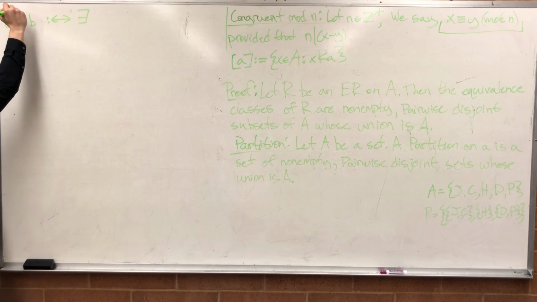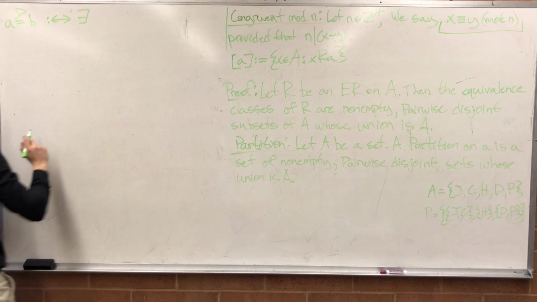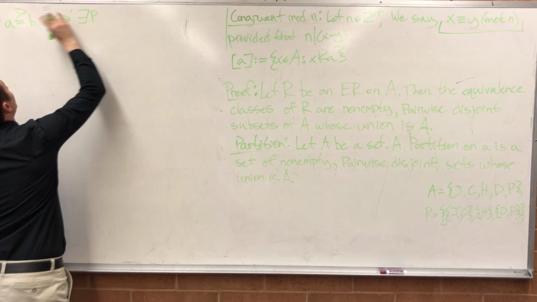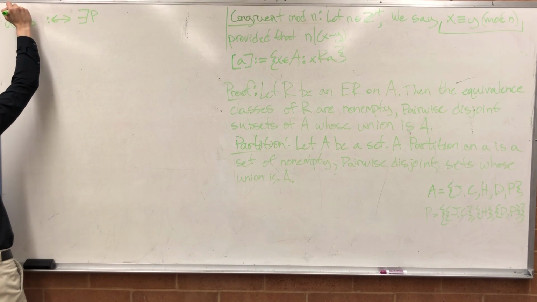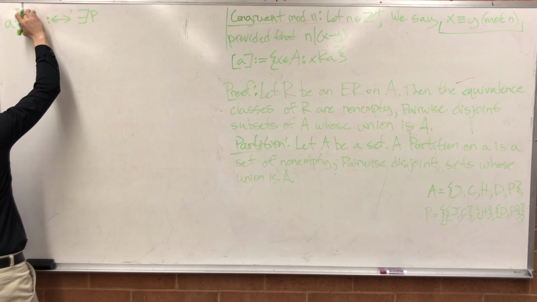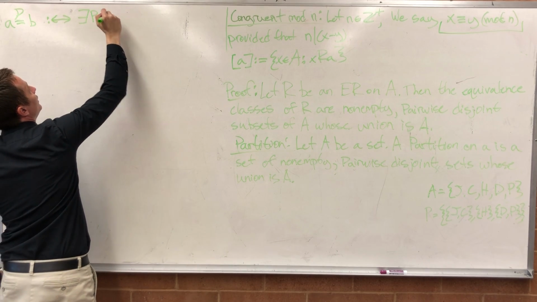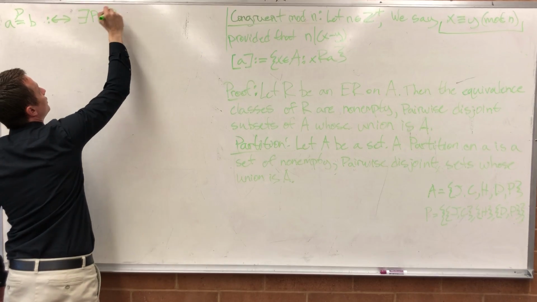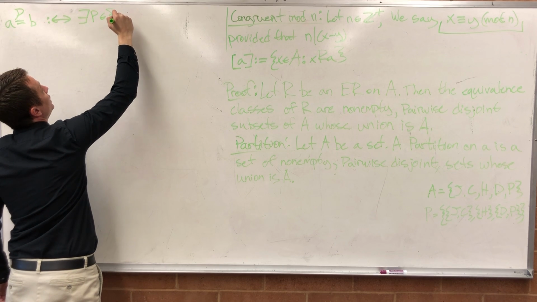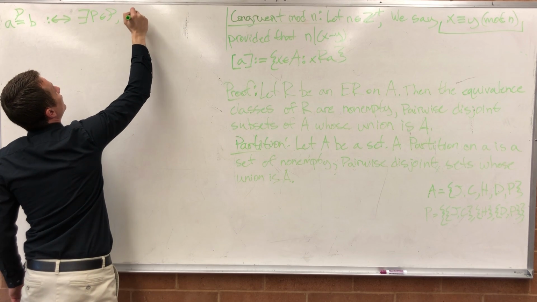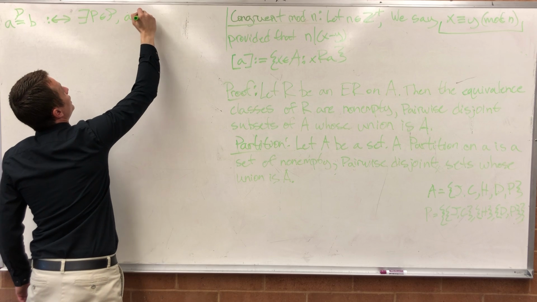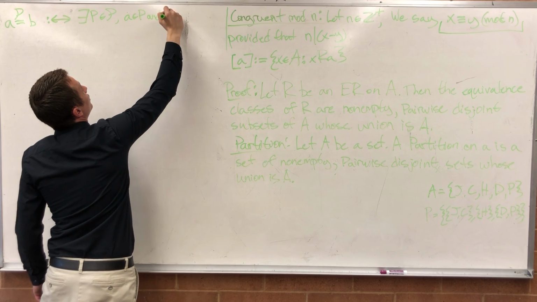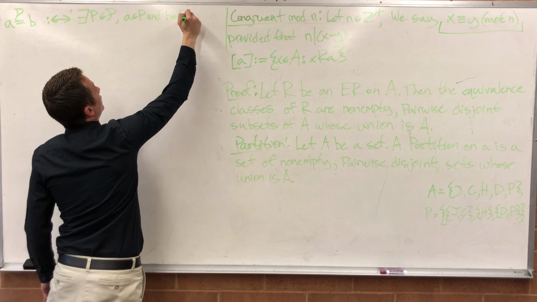So P here is supposed to be our partition name. So there exists P in our set of partitions such that A is in P and B is in P.